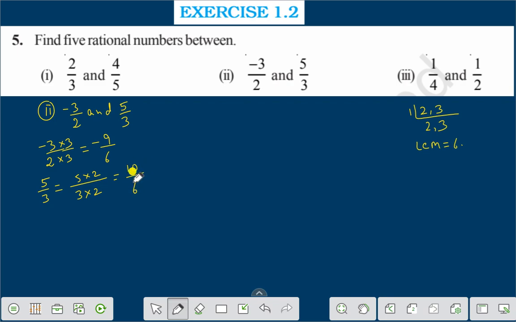So the first one we are getting is minus 9 by 6 and 10 by 6, right?